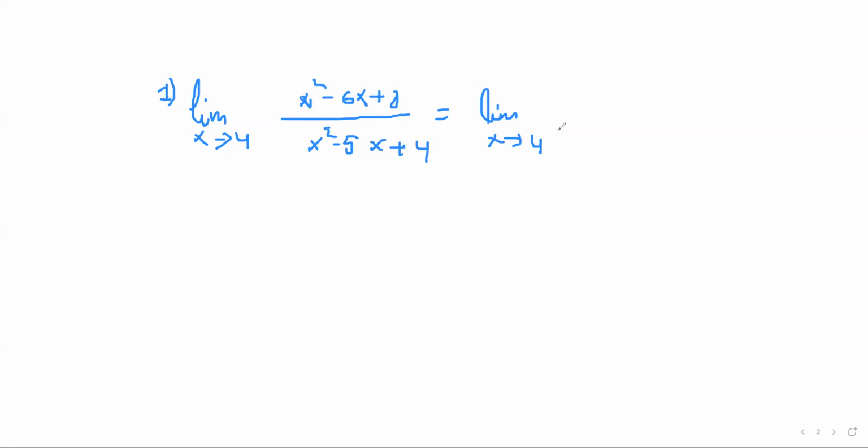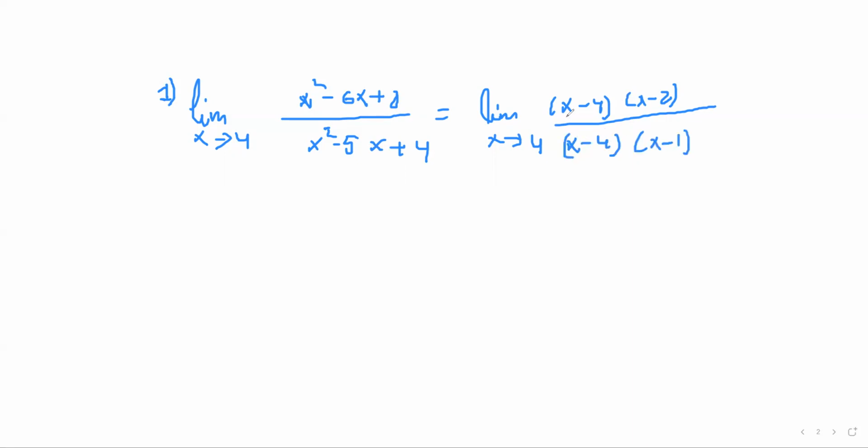This is an undetermined form, but we can remove this indetermination by factorizing the numerator and denominator. If you factorize the numerator, you get x minus 4 times x minus 2, and factorization of the denominator gives us x minus 4 times x minus 1.